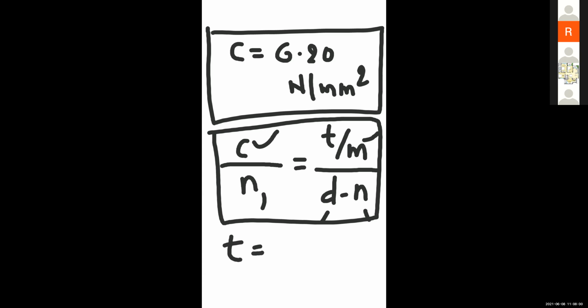M is 11. And D is 650 minus 50, which is 600 mm. Now put all the values and calculate the value of T.